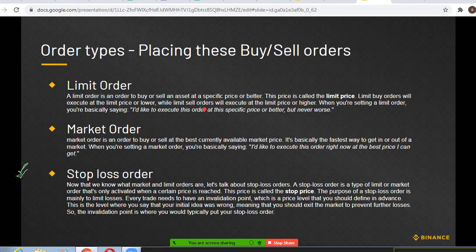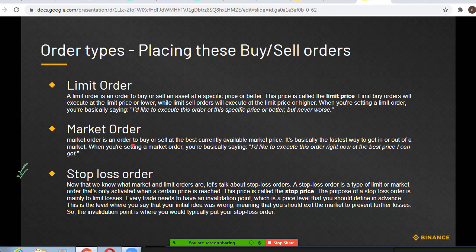Now, market order. A market order is an order you place to buy a particular cryptocurrency asset at the current available price, or the market price. So we can also call this an instant execution. You don't have to wait. It executes instantly because you are not setting your price.